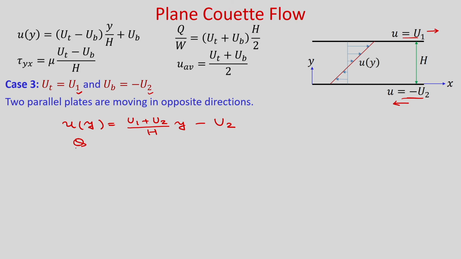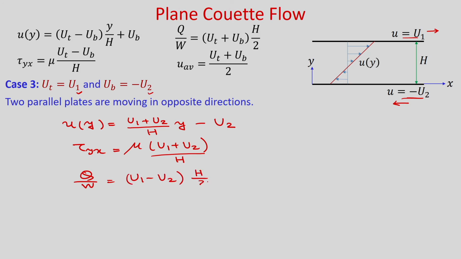The shear stress tau_yx will be just mu (U1 + U2)/h, Q/W will be (U1 minus U2) h/2, and u_average will be (U1 minus U2)/2.